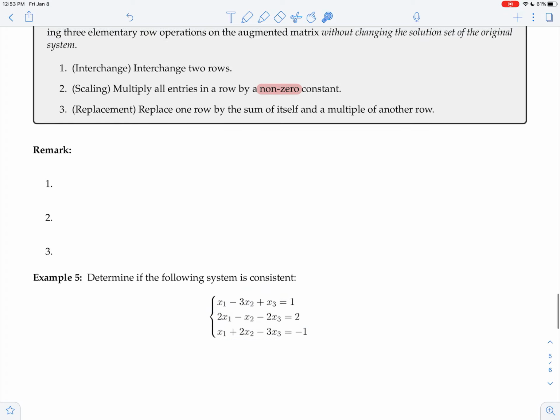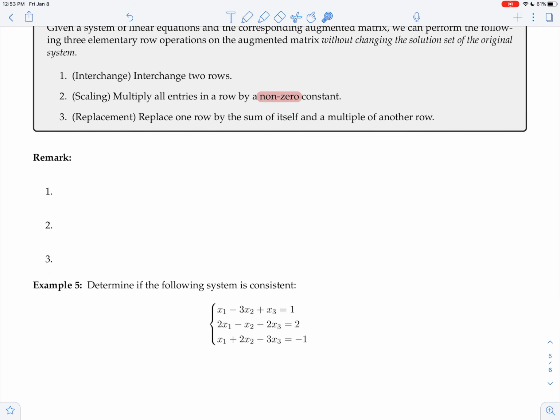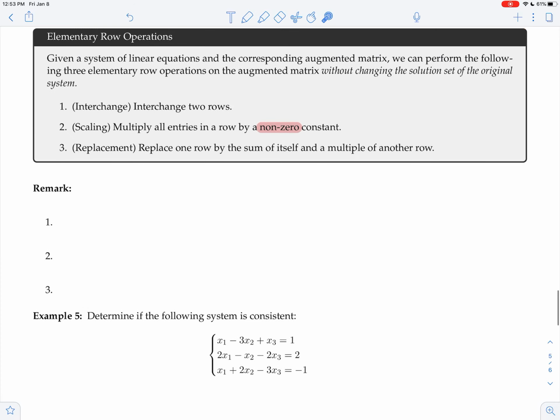And I could keep talking about this, but I don't want to talk about it as much as do it with you in the future. So for now, all I need you to do is to recognize that there are 3 elementary row operations. You can switch rows, no problem. You can scale a row, no problem. And then you can add rows. You can add a multiple of one row to another. That's the hardest one that we're going to use a lot. And we'll see examples soon.